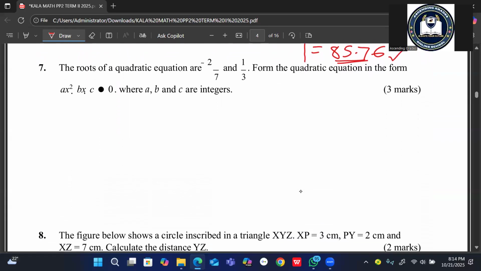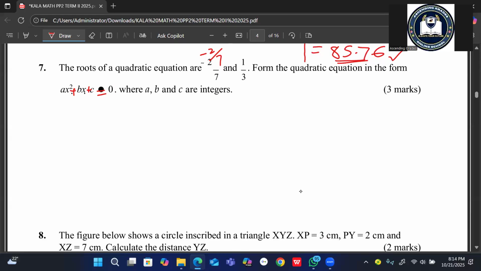From there, go to number 7. The roots of a quadratic equation are negative 2 over 7 and a third. Form the quadratic equation in the form ax squared plus bx plus c is equal to 0, where a, b, and c are integers.